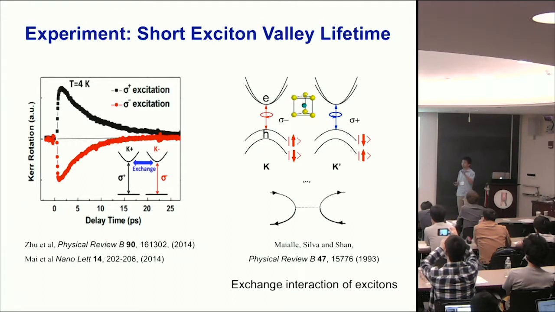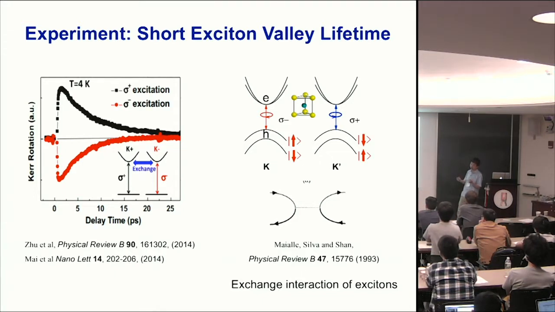For a single hole, it may be difficult to jump to the other valley. But when you have an electron and hole, they can have a concerted action where the electron and hole jump into the other valley simultaneously, through an exchange interaction. And people estimate this exchange interaction will be at the milli-eV energy scale, and that converts into a picosecond time scale. So that sets an intrinsic limit on how long a valley polarized exciton can live.